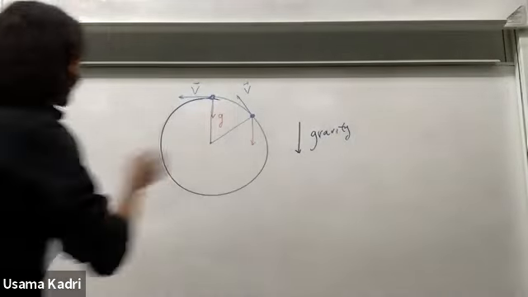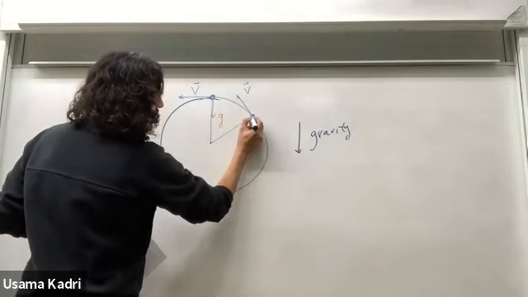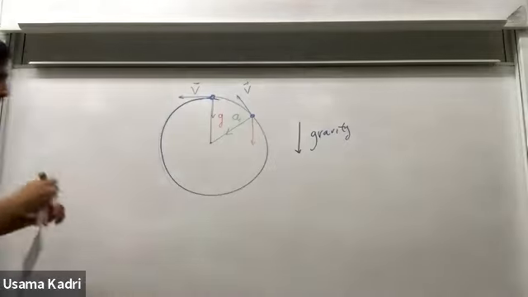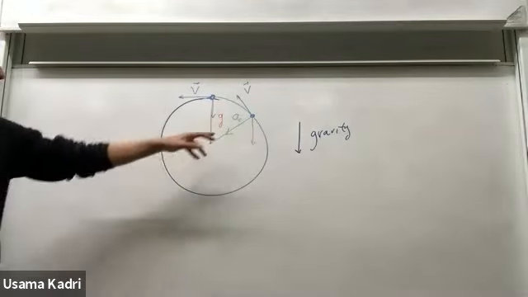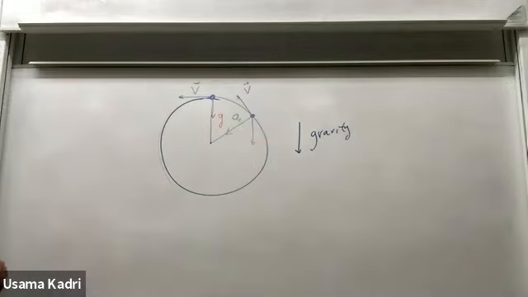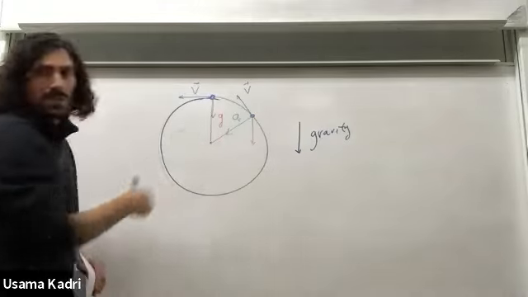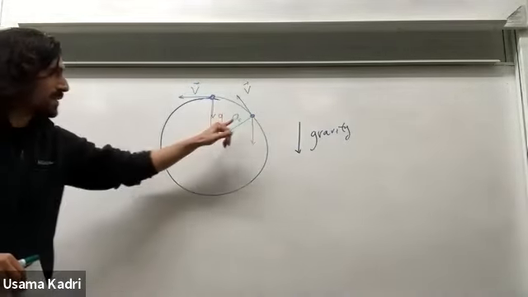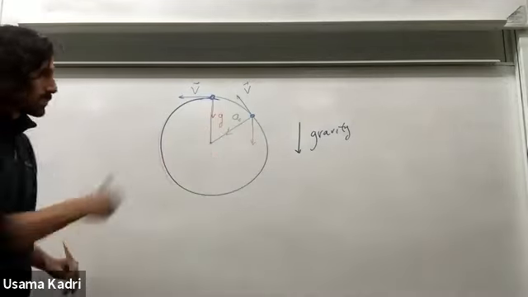If I put it in green now, this is AC. And what this object would feel is some combination of the gravity and this centripetal acceleration. In other words, if this is a uniform motion, the centripetal acceleration would be changing in time.